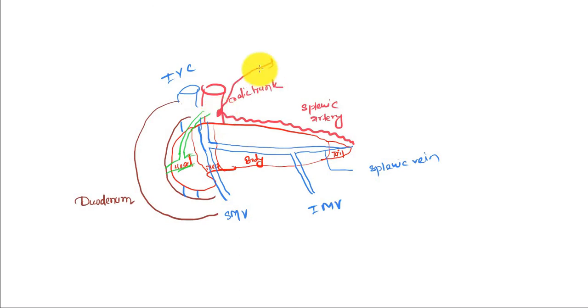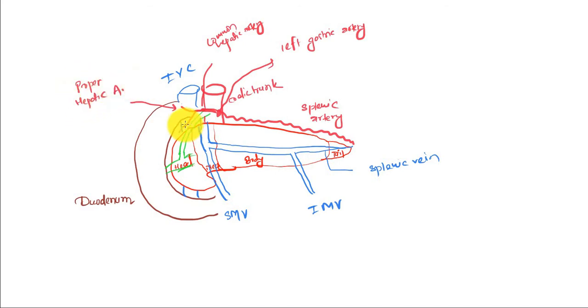The second branch is the left gastric artery. The third branch is the common hepatic artery, which divides into 2 branches. One of them is the proper hepatic artery and another one is the gastroduodenal artery, which moves downwards and divides further into branches.